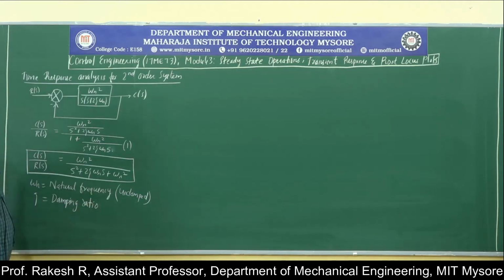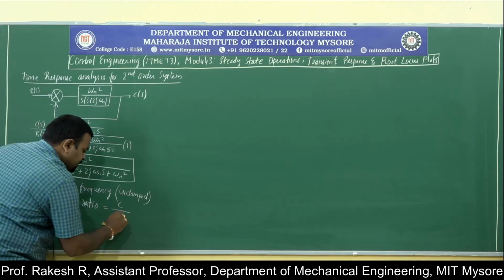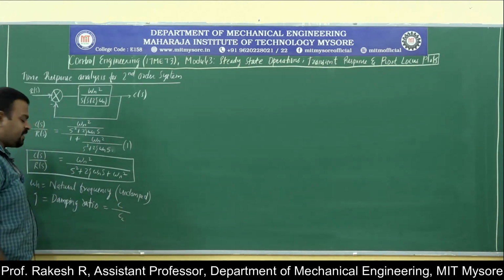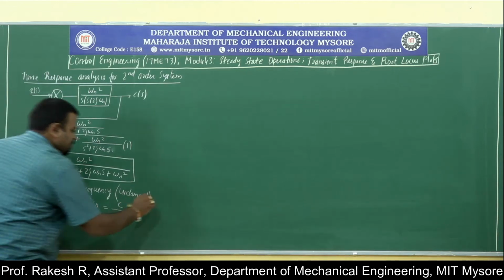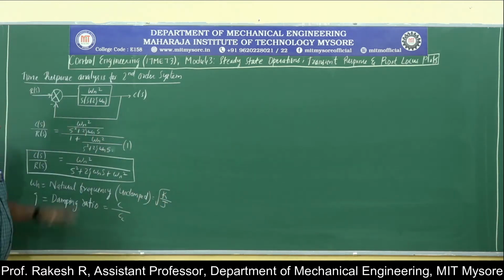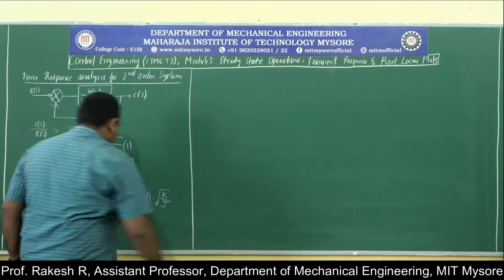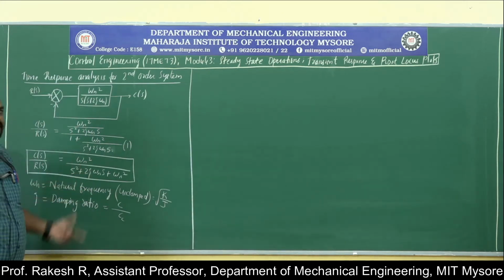Generally the damping ratio is given by the ratio of actual damping coefficient to critical damping coefficient. Omega n is given by root of k by J. So these are the terminologies we will be using in second order system, and we need to solve this equation.